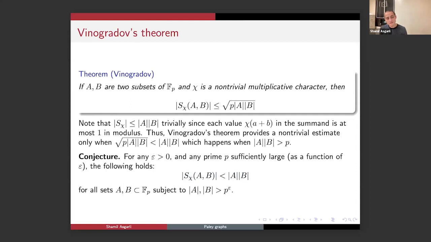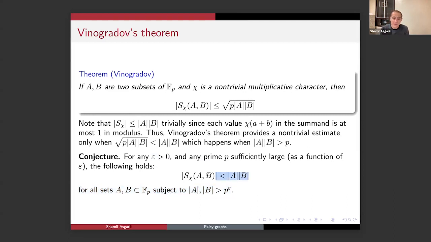What is the hypothesis? Epsilon is fixed from the beginning, and this should be true for a non-trivial character chi, and for any prime p that's sufficiently large, where how large is determined by epsilon. The other condition is that this should be true for all sets A and B which have size at least p to the epsilon. Obviously epsilon has to come into play somehow, and it comes into play with this condition.